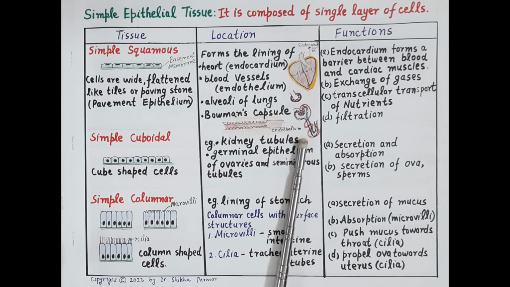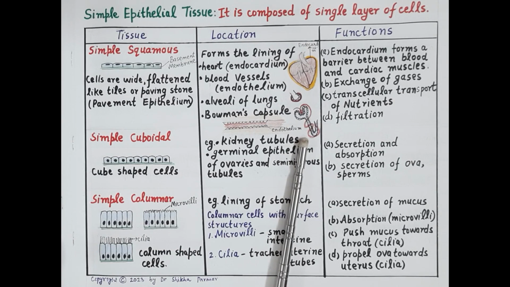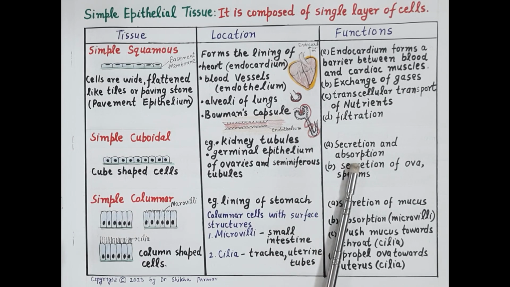Water, ions, glucose, and many other substances are absorbed from the filtrate into these epithelial cells, and then those substances move from the epithelial cells to the blood in the capillaries. So the simple cuboidal epithelium is involved in the process of absorption.